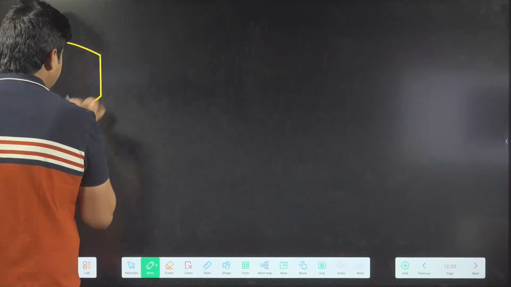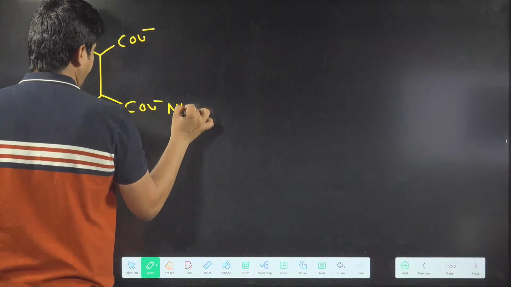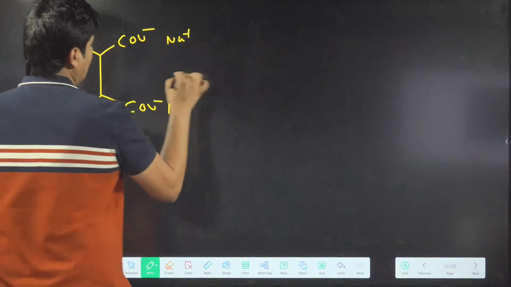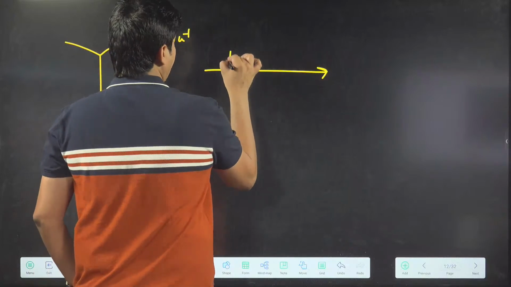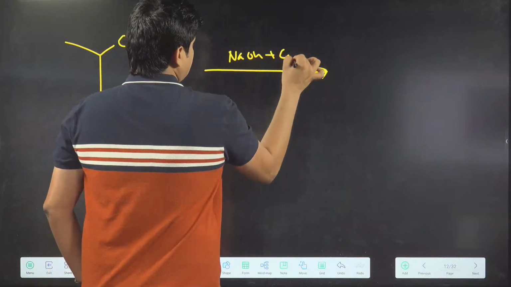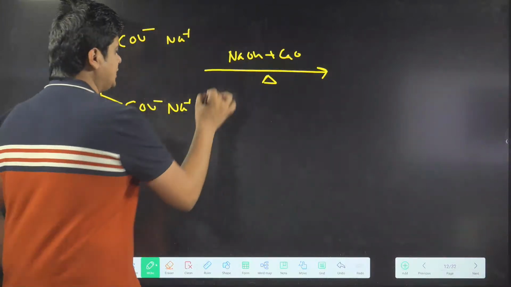I'll take one more example. Let's say this is given: COO minus Na plus on both ends. One condition the examiner is saying is NaOH CaO heating, which means decarboxylation reaction.